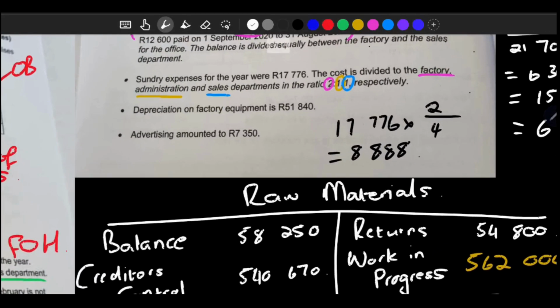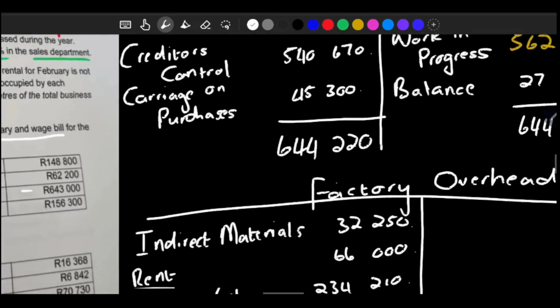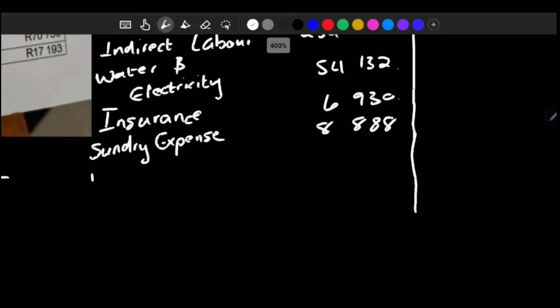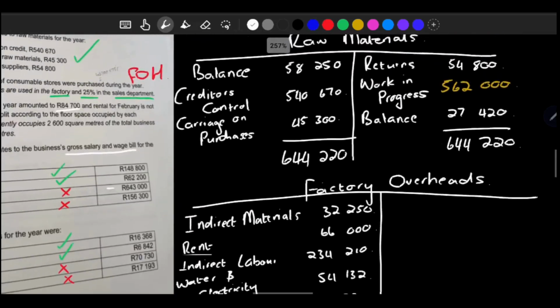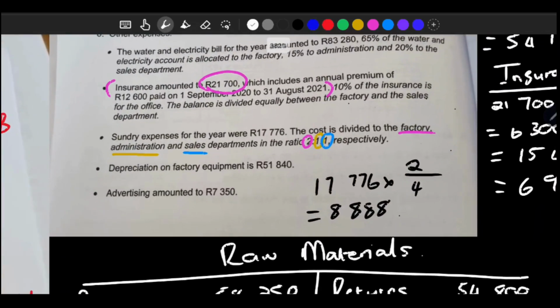Now what else is left? We have depreciation on factory equipment is 51,840. Does that fall under factory overheads, factory expenses? Yes, it does. It is depreciation, so we take the full amount, depreciation of 51,840, right? Next information, advertising amounted to 7,350. Is that an expense for the factory?